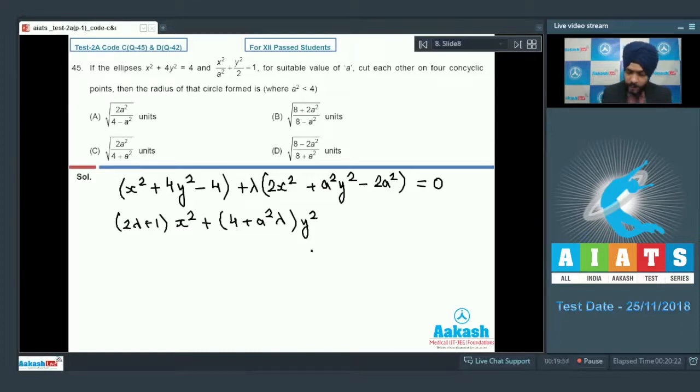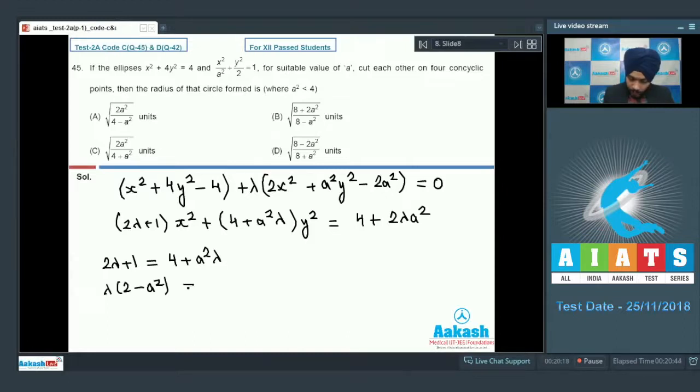They have to be equal to each other because it is the equation of a circle. So 2 lambda plus 1 has to be equal to 4 plus a square lambda. So from here I will get lambda into 2 minus a square is equal to 3. So lambda has the value 3 upon 2 minus a square.